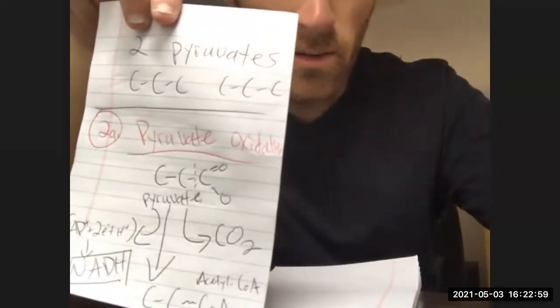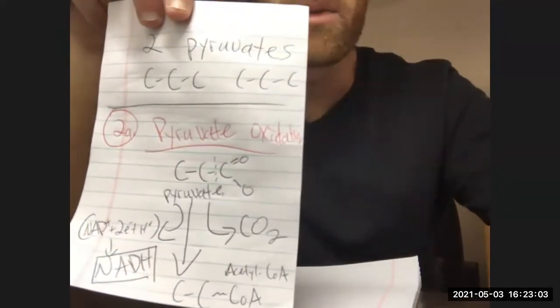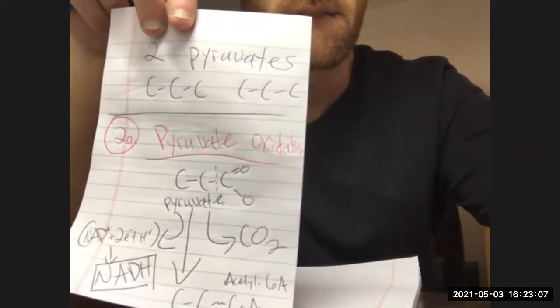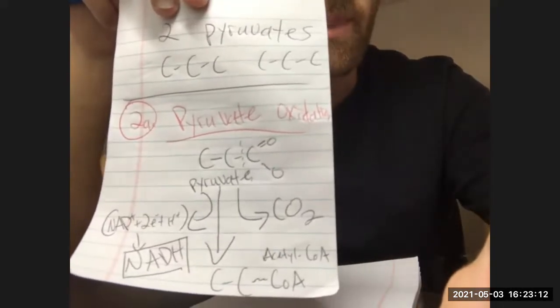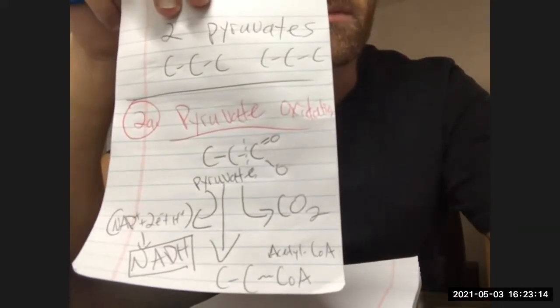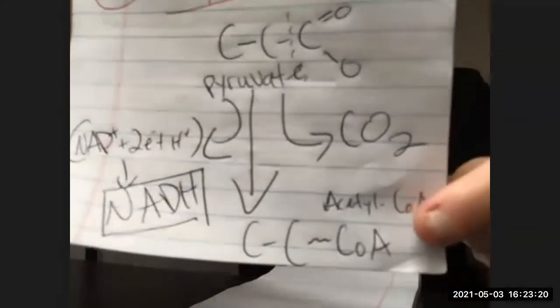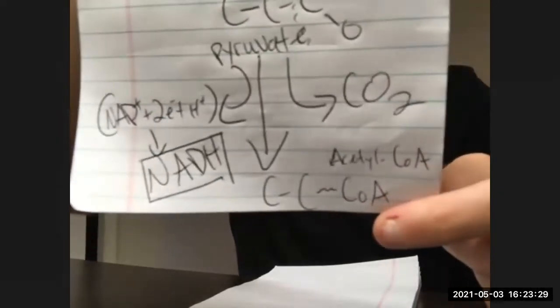Do the 2 carbons equal acetyl-CoA? Or bond with it? No, the 2 carbons are acetyl-CoA. Yeah. So I wrote acetyl-CoA because that's what this is. 2 carbons and the coenzyme A. Coenzyme A is bound to these 2 carbons through a bond.